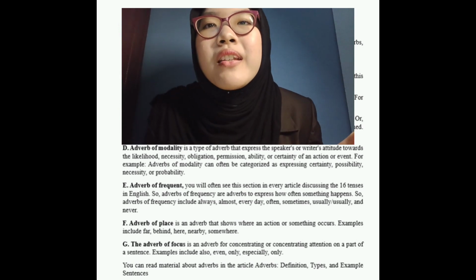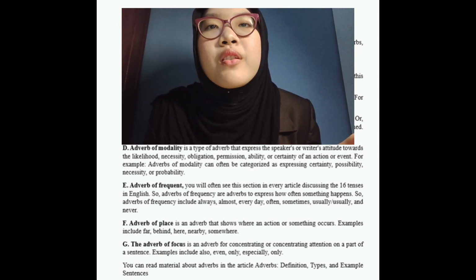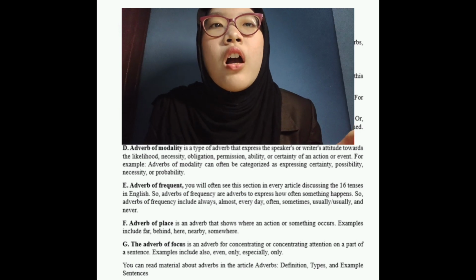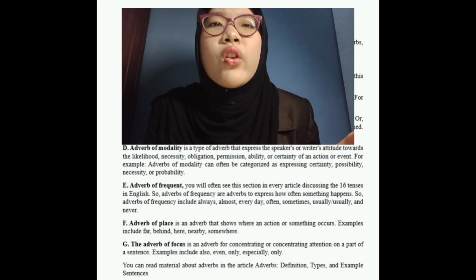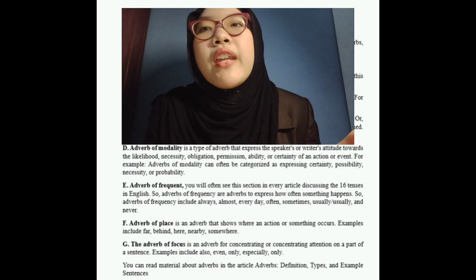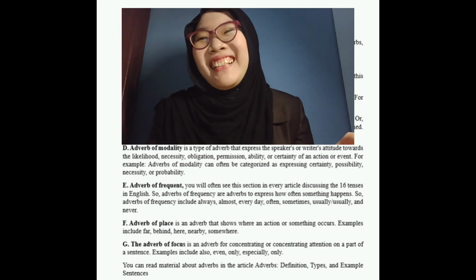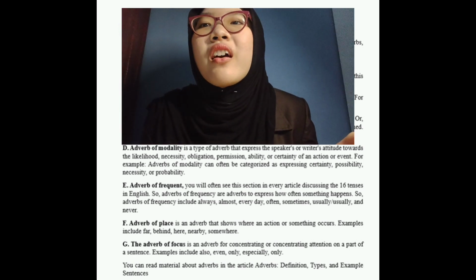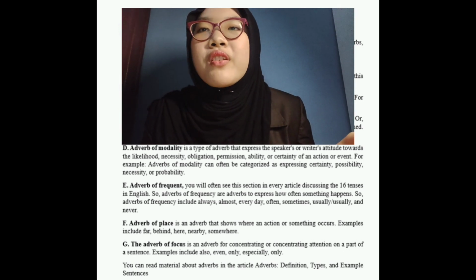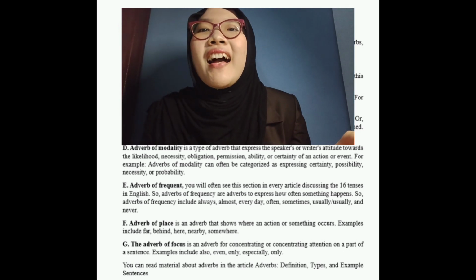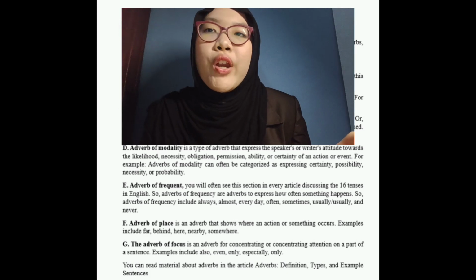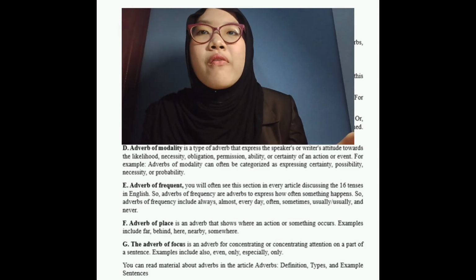Adverbs of frequency, you will often see in an article discussing the 16 tenses in English. This adverb of frequency expresses how often something happens, such as every day, almost, always, sometimes, usually, and never. And then the adverb of place points out where the action or something occurs, something like here, nearby, somewhere, far, behind, in front of.